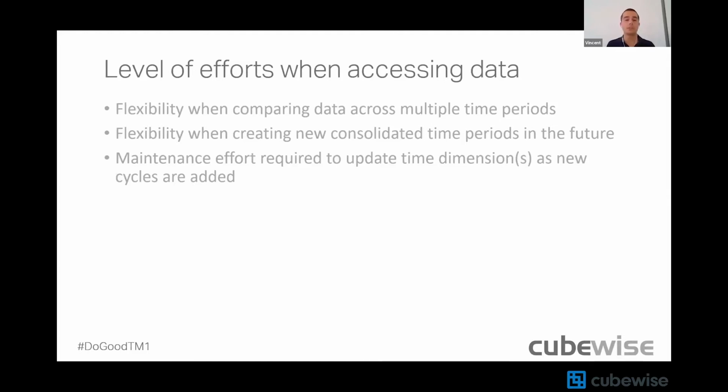And it's always important to find a good balance between usability and maintenance, because if you have a combined year and month dimension, and then you need to add a new year, it means that you need to add the new 12 months and all the related attribute information, such as next period, previous period, etc. Because if you have just 1 year and 1 month dimensions, if you need to add 1 year, you just need to add 1 element. So that would be much more convenient for you.